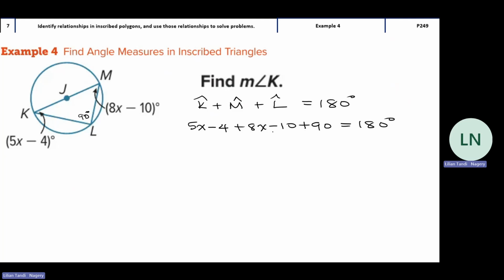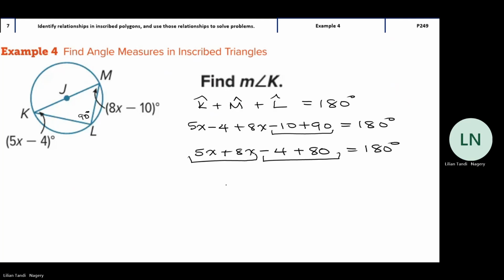Now, these are like terms. So now I have 5x plus 8x, and minus 4 minus 10 plus 90 is plus 76. So this becomes 13x plus 76 equals 180 degrees.